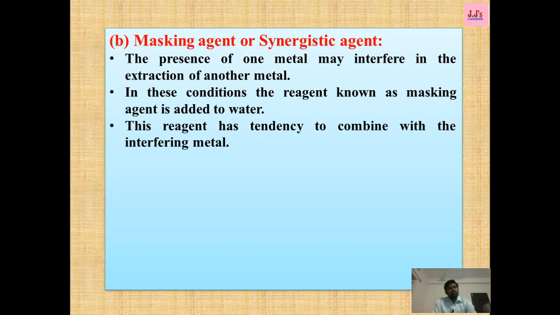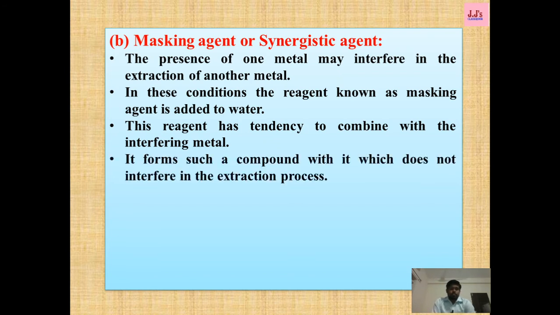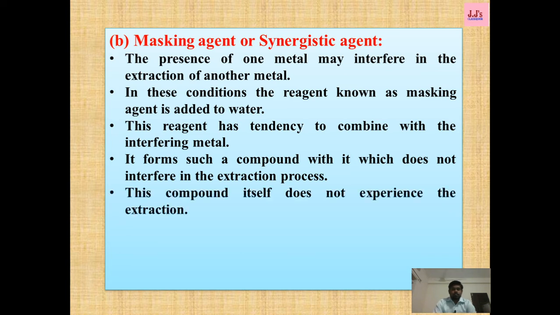Now, this reagent, the masking agent, has a tendency to combine with the interfering metals. It forms such a compound with it which does not interfere in the extraction process. Like in complexometry, there is a formation of complex between the interfering ions and the masking agent.